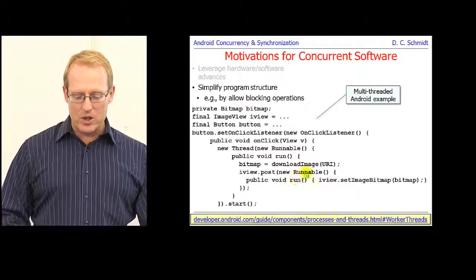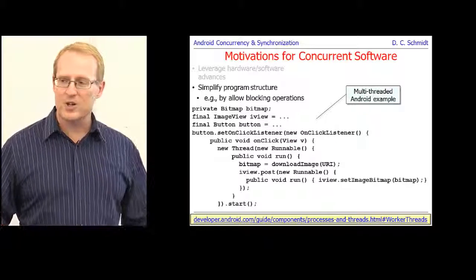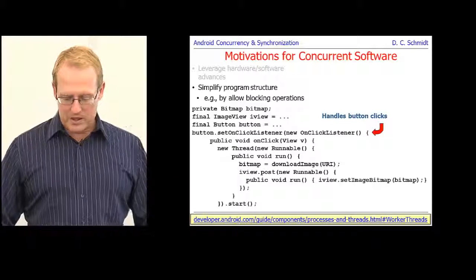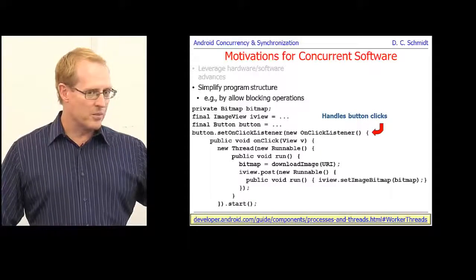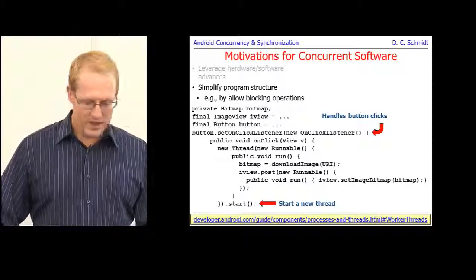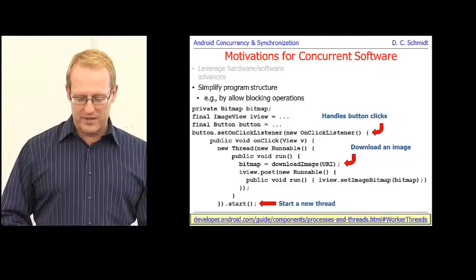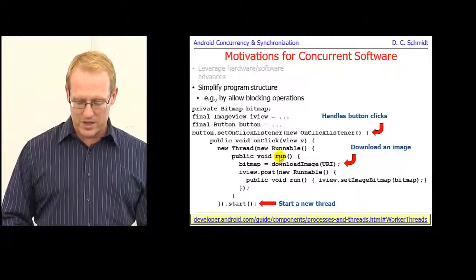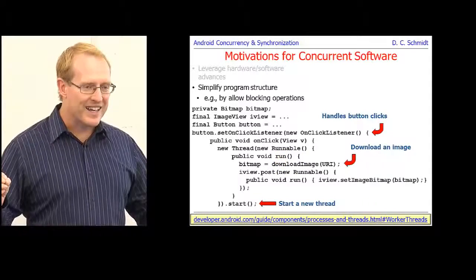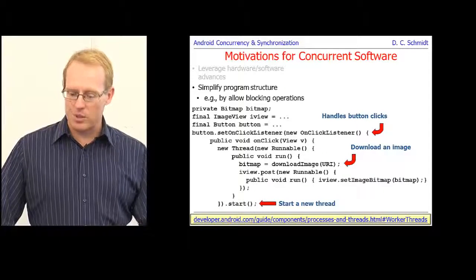If you take a look at this code, you'll notice that it looks synchronous in its nature. You click a button on the display, and that will start a new thread of control. Inside that thread of control, it's going to run the run hook method, which you can see here. The run hook method will synchronously block downloading an image at a particular URL, which you conceivably would have given through other means.